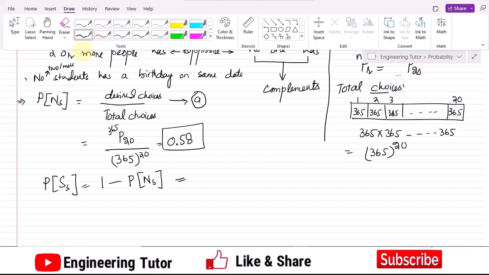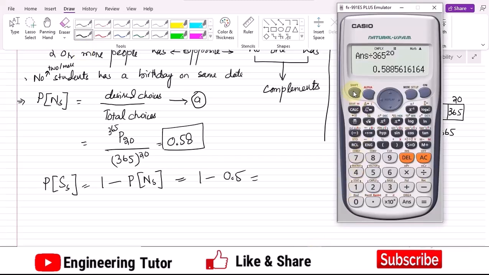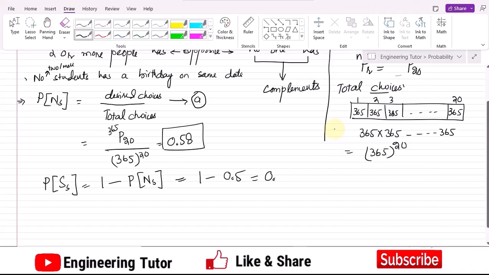Writing the values, 1 minus 0.58, that is 0.42.